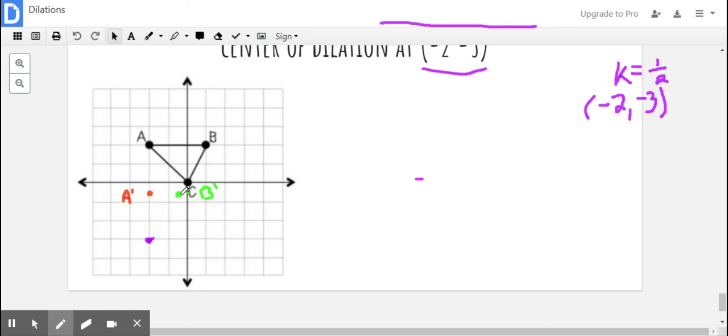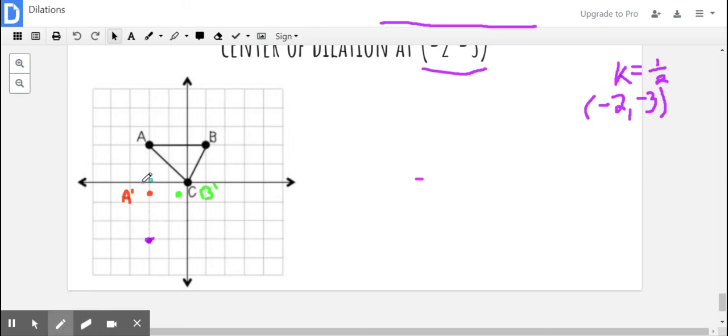And finally, let's choose another new color for our new C prime. So this is up 3 and over 2. So I'm going to need to go up 1.5 and over by 1 to finish off point C prime.